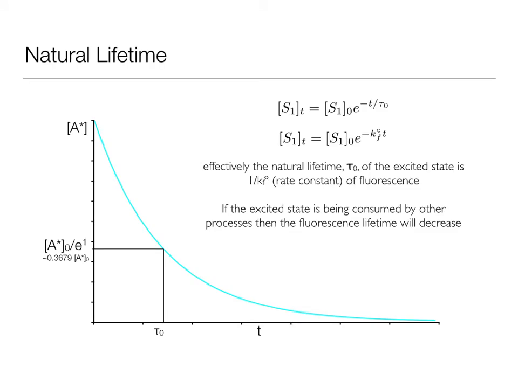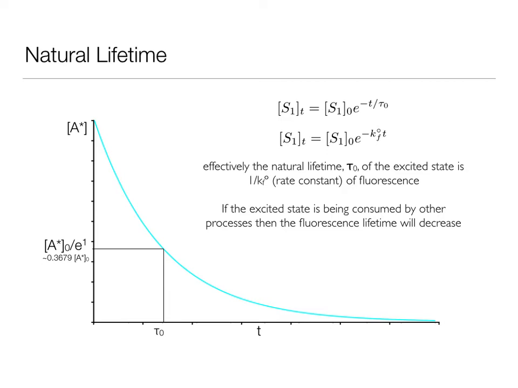Now, starting off with the natural lifetime. The natural lifetime is essentially if we have an excited state and it only decays via emission, then the natural lifetime is the length of time it would take for the concentration of the excited state to drop to 1 over e, or about 0.37 of the initial concentration.